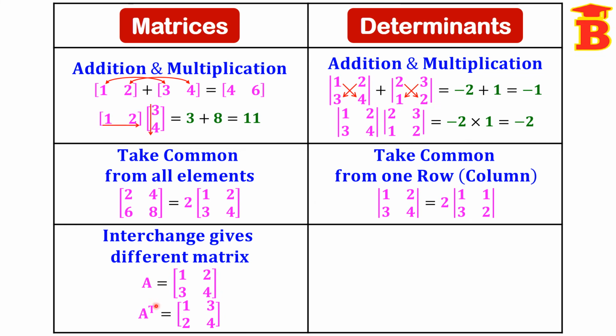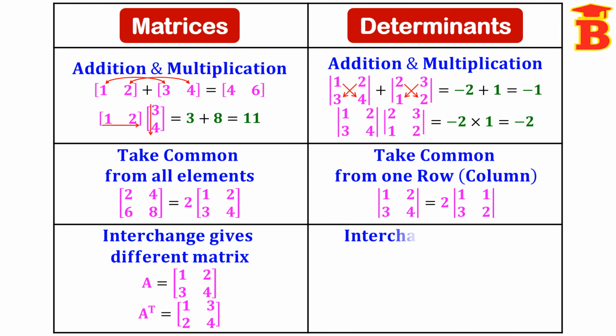That we denote as A power T. So here T means transpose. Interchange rows and columns. Here the first row is 1, 2. We can write it as first column 1, 2. Similarly, this second row is 3, 4. We can write it as second column 3, 4. And now these two are different.